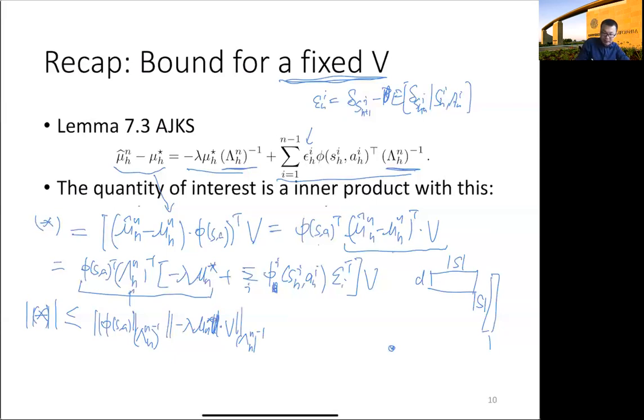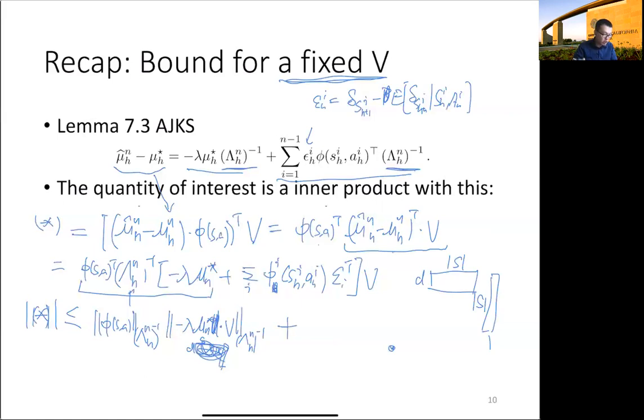Again, let's do the dimension check. This is d by s, and this is s by 1, so we end up with a column vector, and this column vector is taking this particular ellipsoidal norm. So this becomes the upper bound for the bias term.